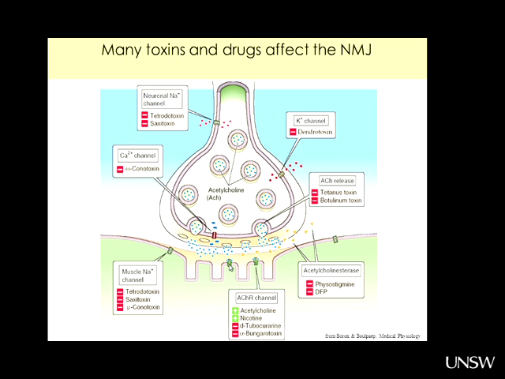One way to treat it is by attacking the acetylcholinesterase. Acetylcholinesterase breaks down your acetylcholine. That's normally good, but if you don't have many acetylcholine receptors, you actually want your acetylcholine to hang around. So you can take drugs which attack the acetylcholinesterase.